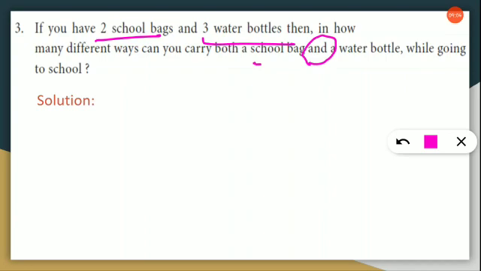So this and is the keyword here. Correct? How many possible ways are there to carry it? So what should we do? The first keyword you have spotted is and. So which principle will we use? Multiplication principle. Shall we start solving?